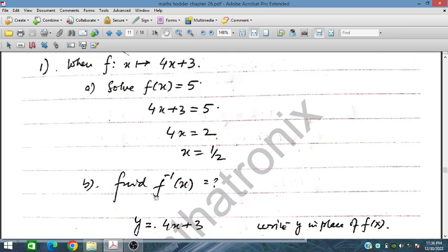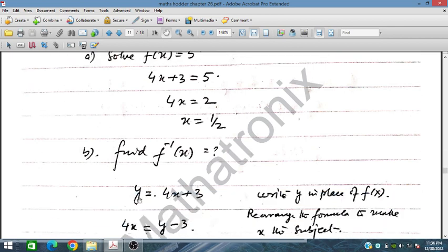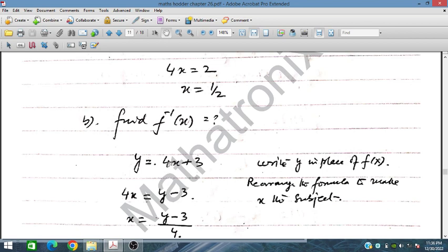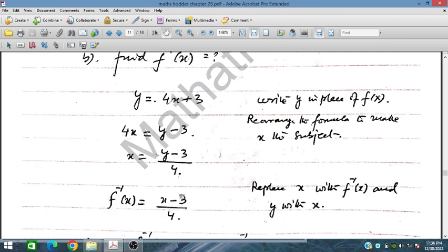Now find f inverse of x. In place of f(x), we write y is equal to 4x plus 3, and then we shift it to the other side. So 4x is equal to y minus 3, and then we divide by 4, and we have x is equal to (y minus 3) over 4. Replace x with f inverse and y with x.